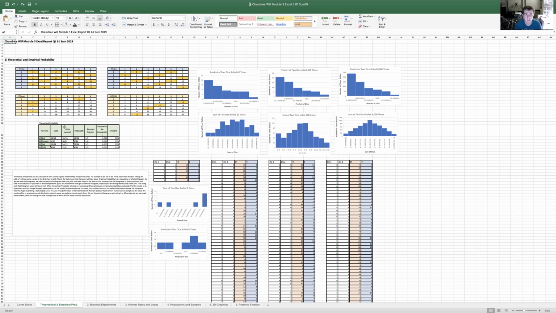For empirical probabilities, there's no one right answer. It varies from experiment to experiment, while theoretical probabilities are purely theoretical. It's just the pure odds of it happening. There's only one right answer for that.